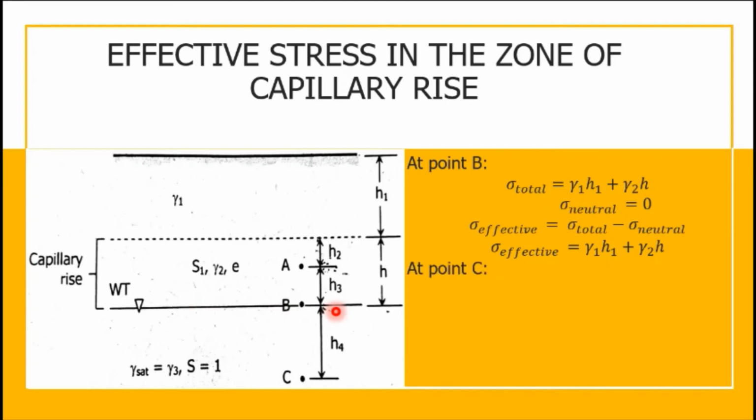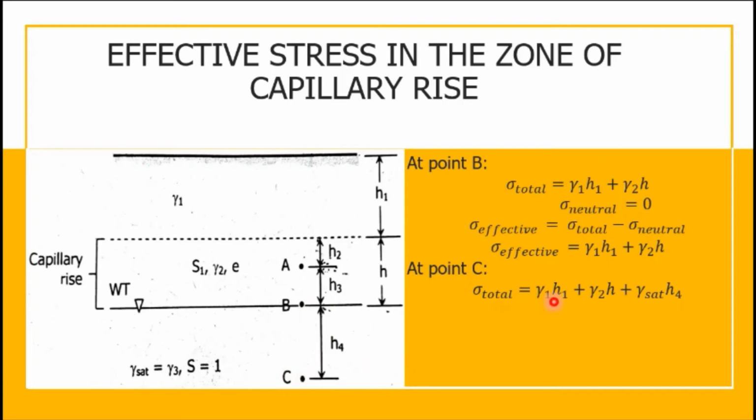And at point C, still, kung paano tayo mag-compute ng vertical stresses without seepage sa point C, ganun din yung pag-compute natin ng vertical stresses kapag may zone of capillary rise pero nasa ilalim na siya ng groundwater table.